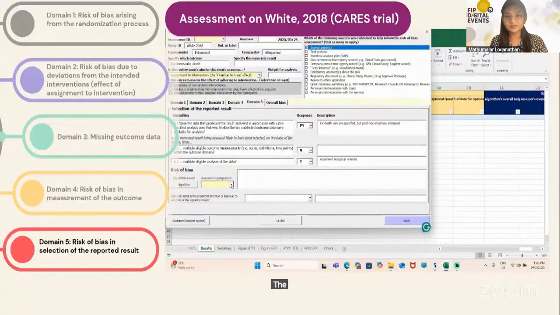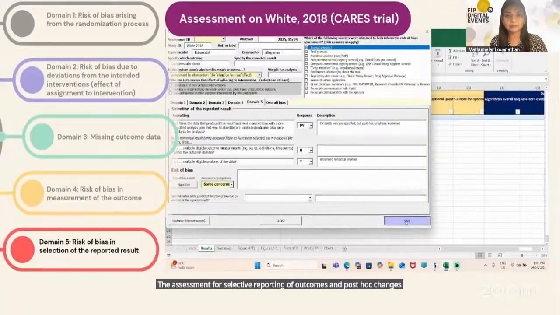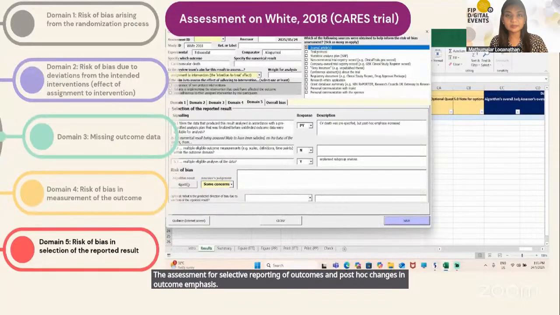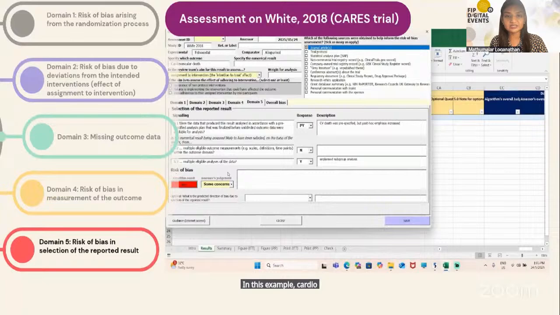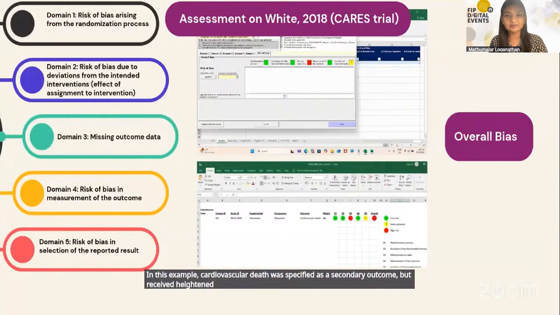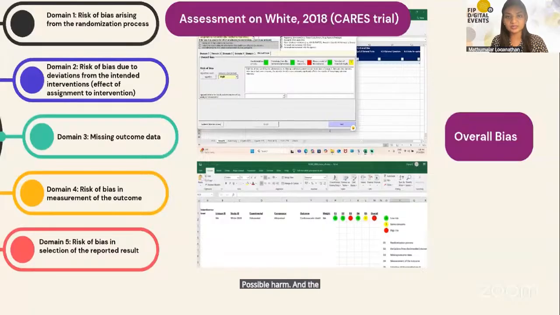As for the assessment of selective reporting of outcomes and post hoc changes in outcome emphasis, in this example, cardiovascular death was specified as a secondary outcome but received heightened focus after the results. Therefore, this indicates possible harm, and the judgment is some concerns.